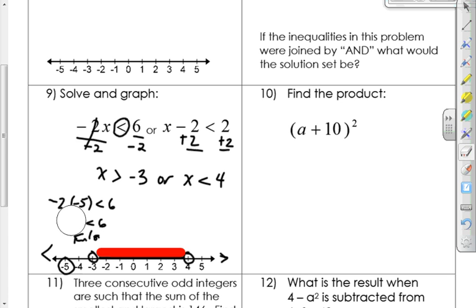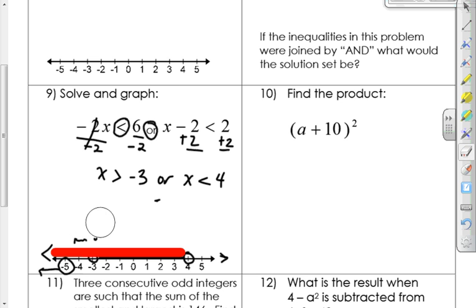So it's not looking good here for -5, right? But let's try it in the other inequality. -5 minus 2 is less than 2. That would be -7 is less than 2. Well, that's true. And the statement is connected by or, so only one of them needs to be true. So guess what that means? That shading should continue past -3. In fact, all these negative numbers in this direction will give us at least one statement that is true.